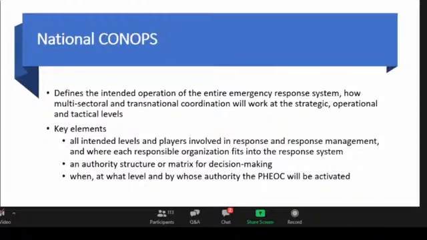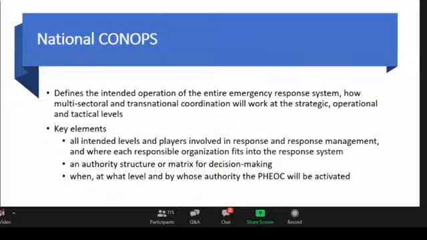And then this national Conops should define the intended operation of the entire emergency response system, not only the public health emergency. So how multi-sectoral and transnational coordination will work at the 3 levels.